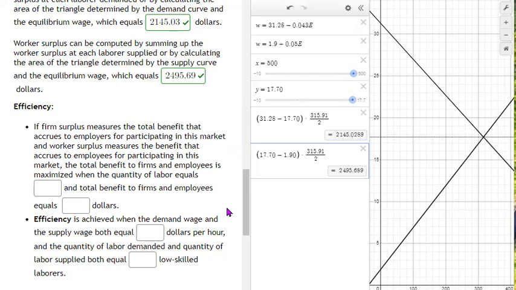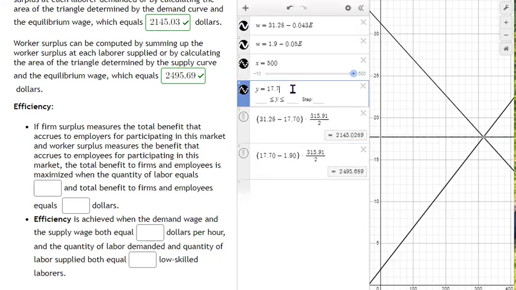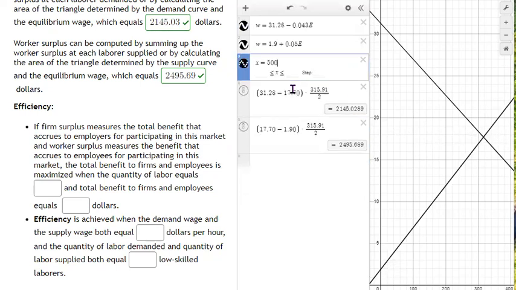So if firm surplus measures the total benefit that accrues to employers for participating in this market, and worker surplus measures the benefit that accrues to employees for participating in this market, the total benefit to firms and employees is maximized when the quantity of labor equals the equilibrium quantity.